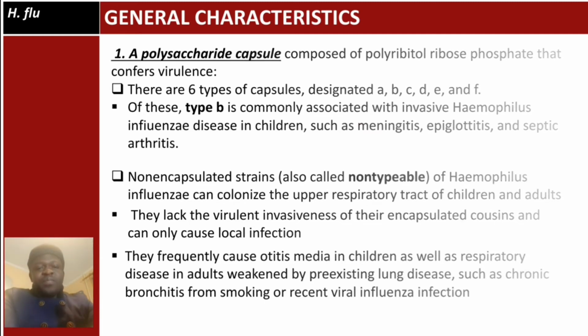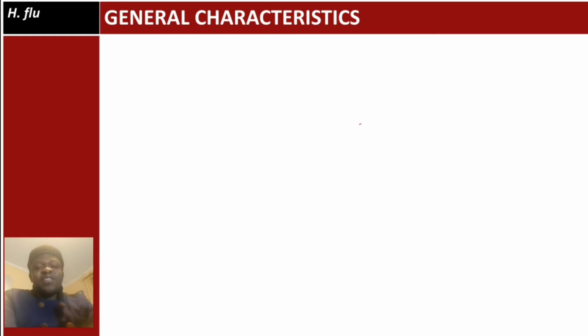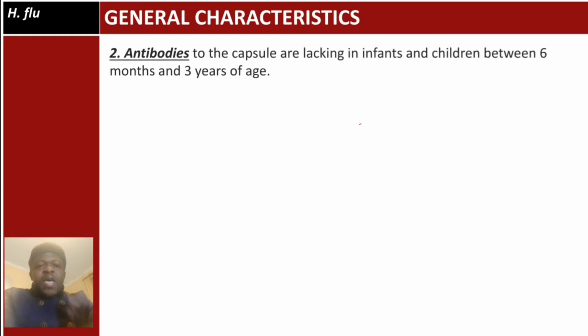The second way, let's just say, is absence of antibodies. Why? Because antibodies to the capsule are lacking in infants and in children between 6 months and 3 years of age. In this range, the children will be like sitting ducks, at high risk of getting H. flu.